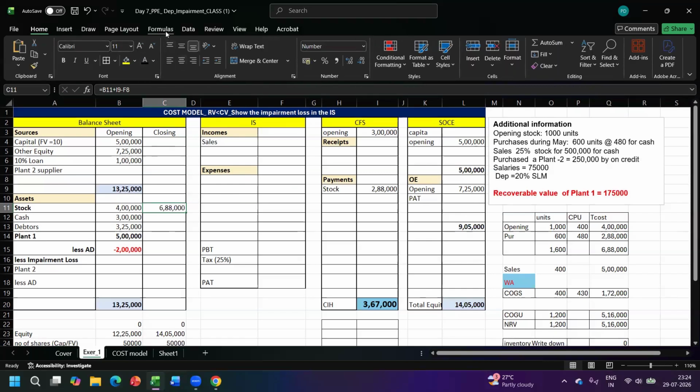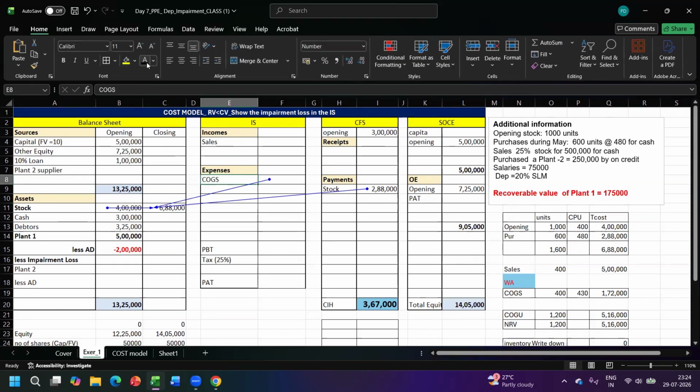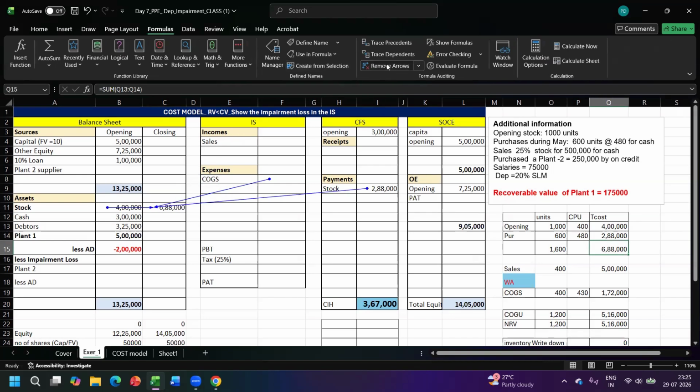We can see that the purchase of stock is 288, opening stock plus purchases minus the cost of goods sold. We have not yet sold the stock. Therefore, it is 688,000.